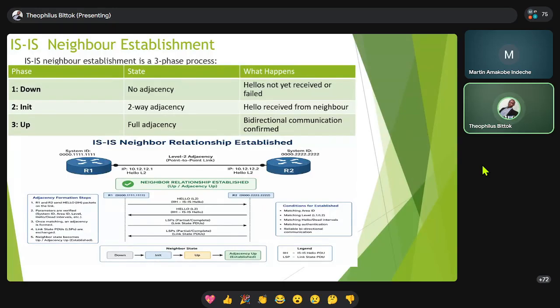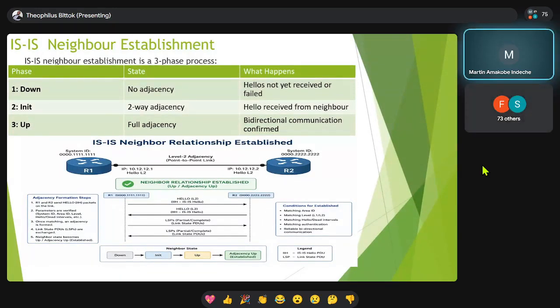When it comes to neighbor establishment in IS-IS, it's usually 3 phases: the first phase being down, the second stage is initial, and the third step is up, whereby we have formed a full adjacency between the two routers.